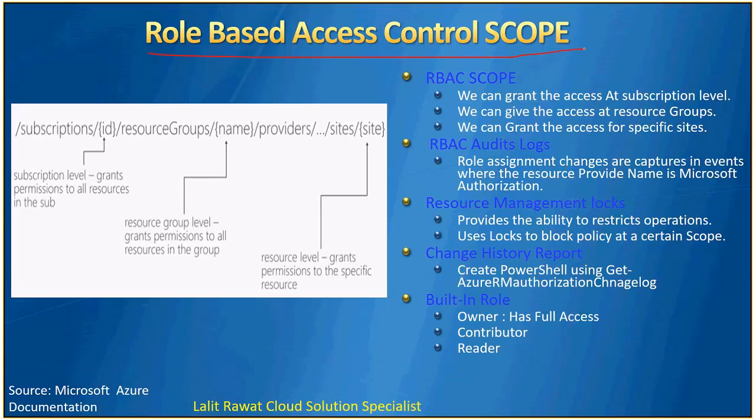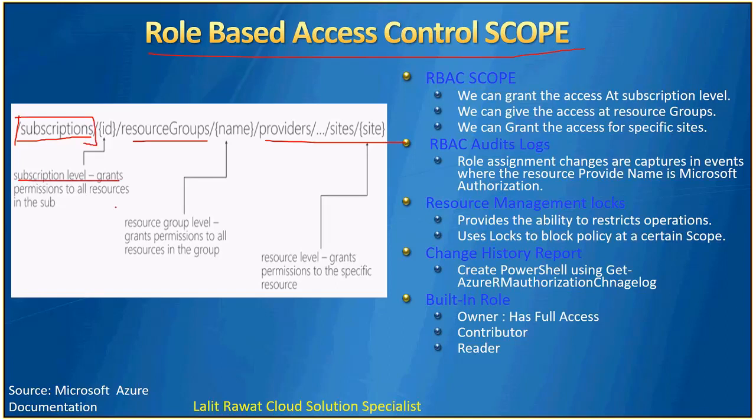So how will your RBAC policies be implemented? Always in the subscription and the resource group. So basically, what is subscription? You can apply the RBAC policies on the subscription level.